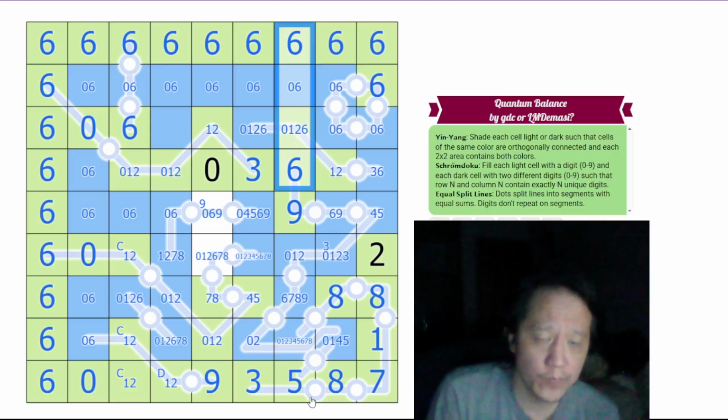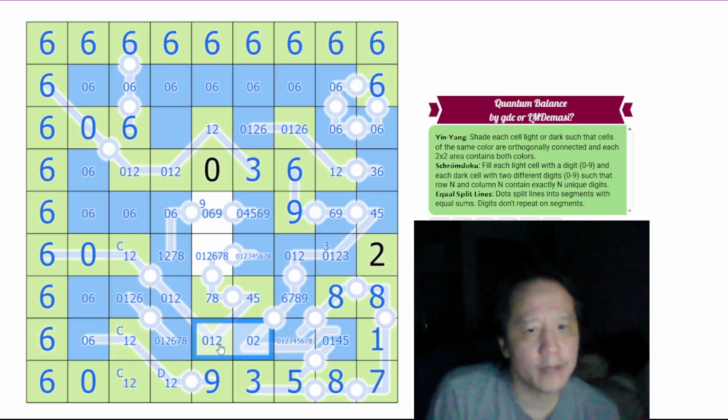There are at most 4 unique digits amongst these cells here. And 1 more here. So that's right, 0, 1, 2, 6, 0, 1.